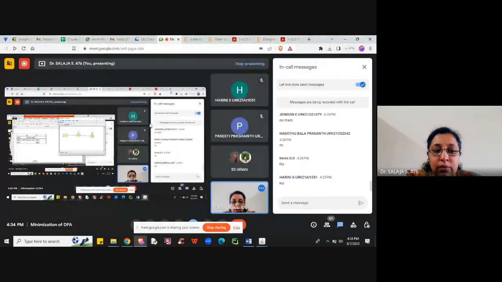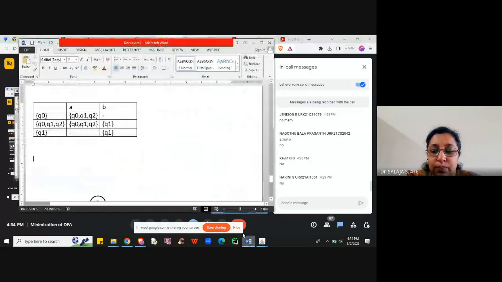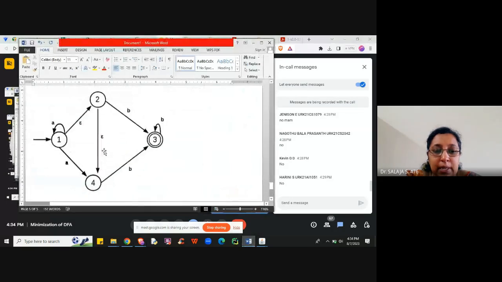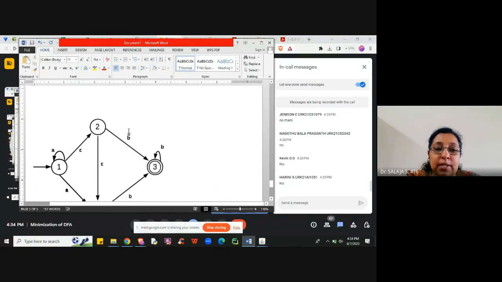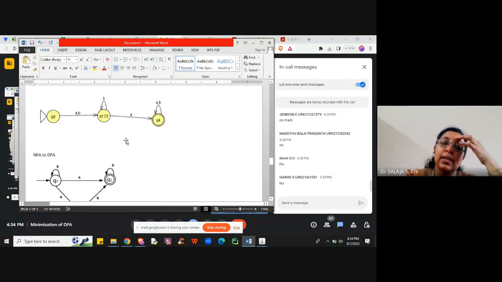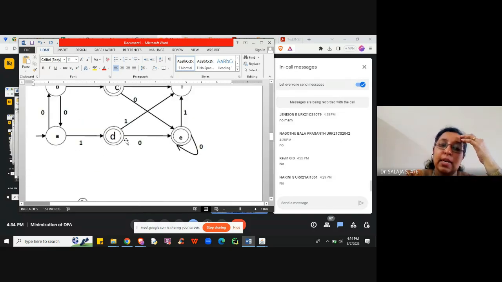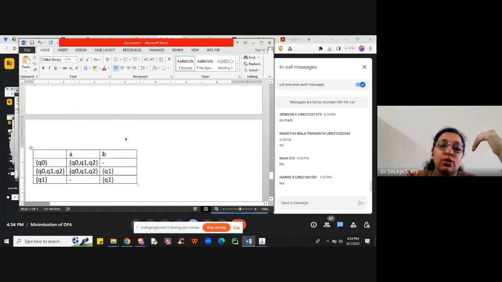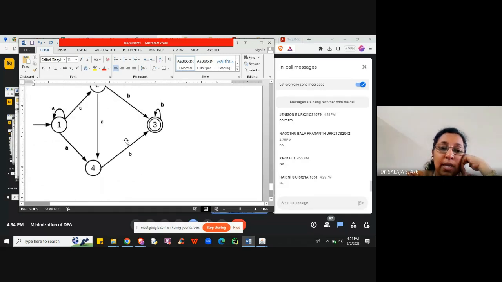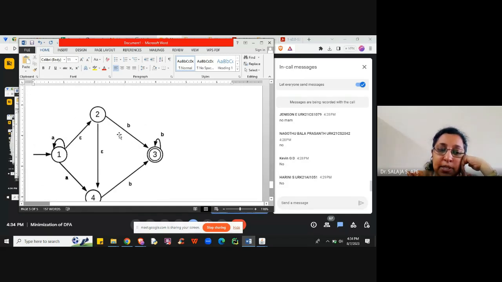Now we have one more thing to go. We'll try to understand it. Now I have a different representation. For all the examples you have taken, the states have been Q0, Q1 or Q2. Now I have a completely different representation saying 1, 2, 3.